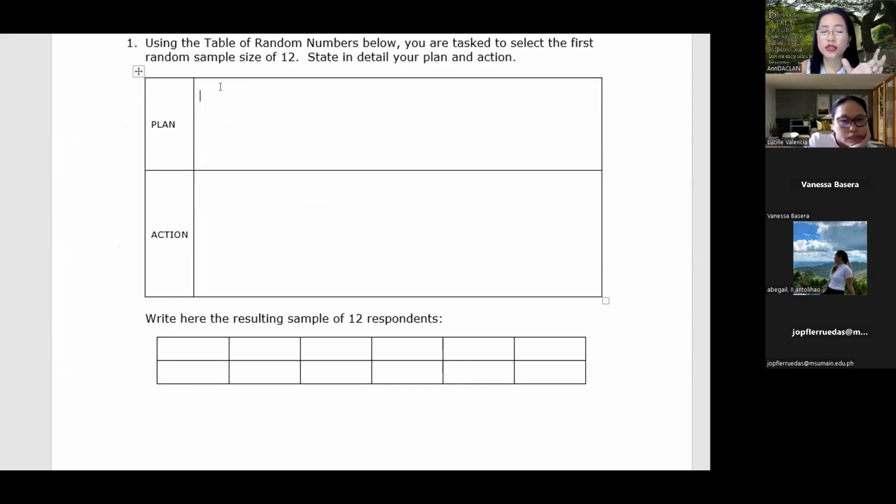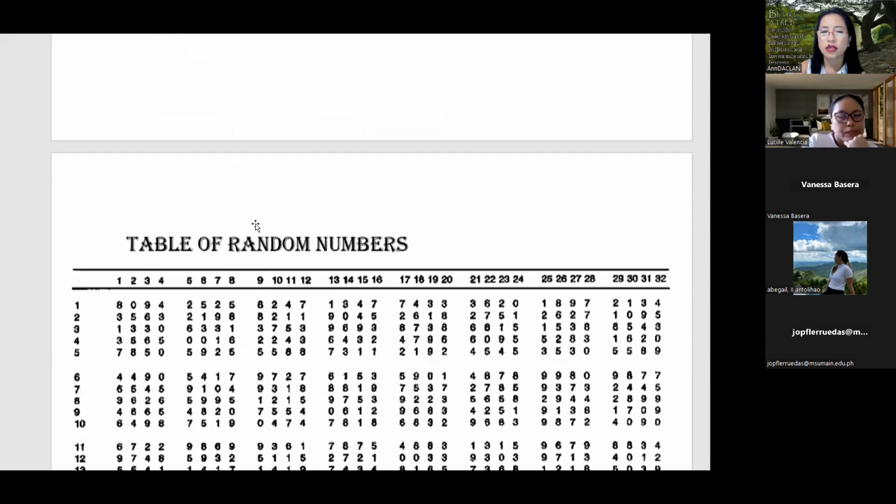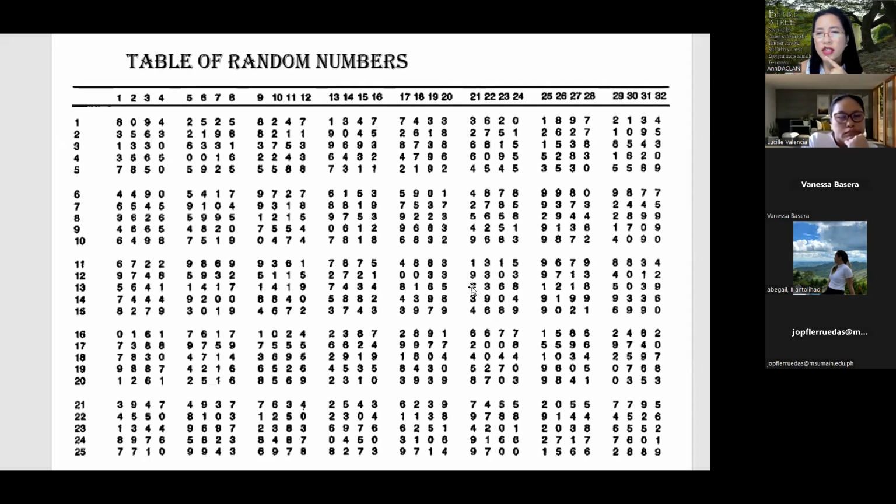Plan is to use how many columns, right or left, and then the action is you close your eyes and the fingertip landed on what column row, and that's your starting point for the choices of your sample cases. Do you have any question?